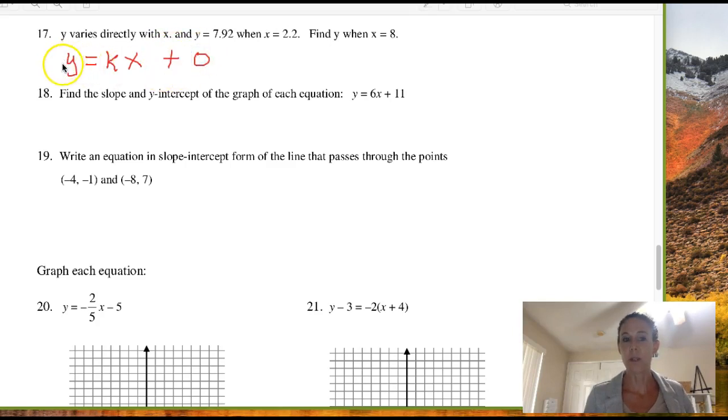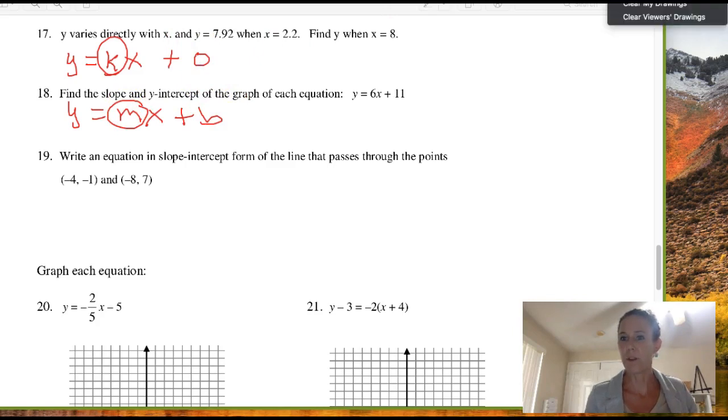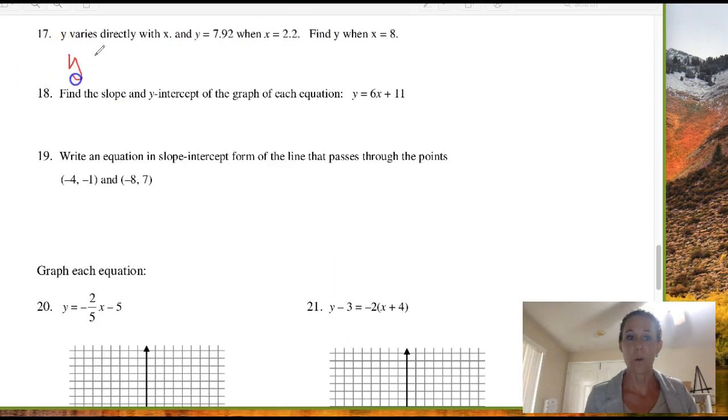So you don't see the 0 here, but this is just the equation of a line in slope-intercept form. Your constant, or something, times x would be your slope, and then your y-intercept is 0. So be aware, direct variation is the equation of a line with the y-intercept equal to 0. So when y varies directly with x, that just means y equals something times x.